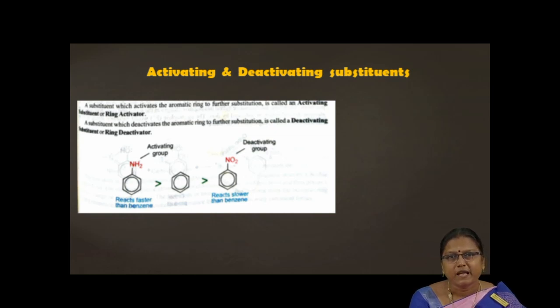If the substituent attracts or withdraws electrons from the benzene ring towards itself, that is said to be deactivation of the benzene ring. If the activation of the ring has happened, then the rate will be faster. If the ring is deactivated, then that substrate is said to be less liable for further substitution. That is the meaning.